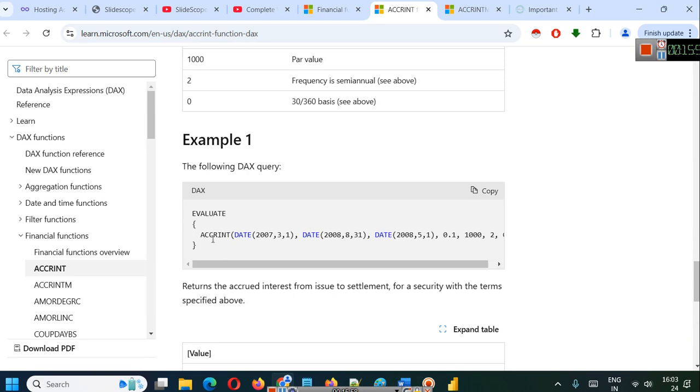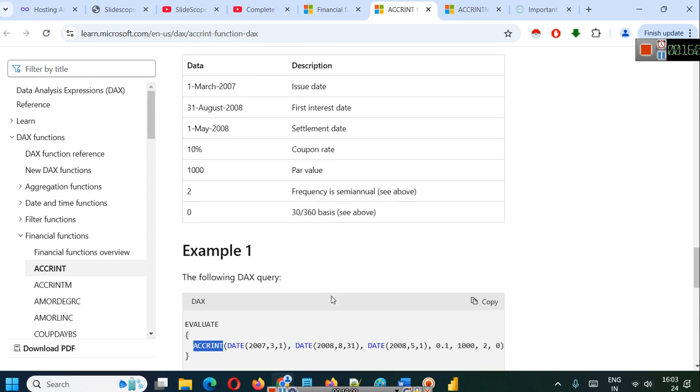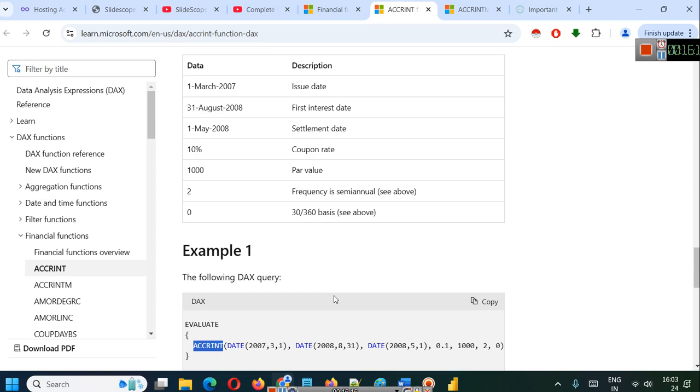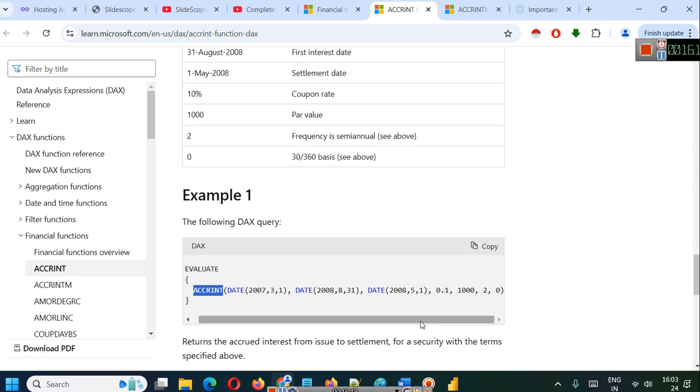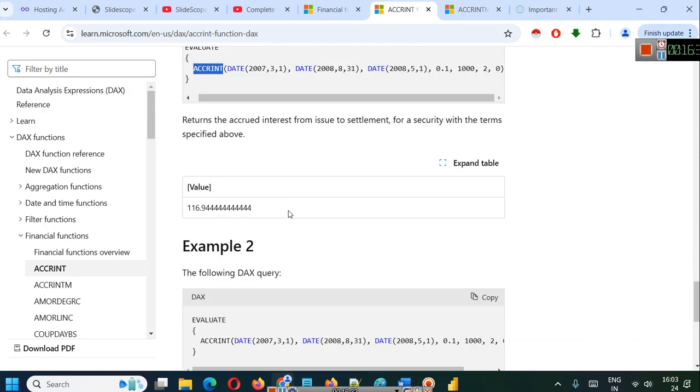Then you can evaluate like this: you are writing your issue date, first interest date, settlement date, coupon rate, par value, frequency semi-annual, and then 30/360 basis. Based on whatever is given here you will get your return. It will give the accrued interest from issue to settlement.